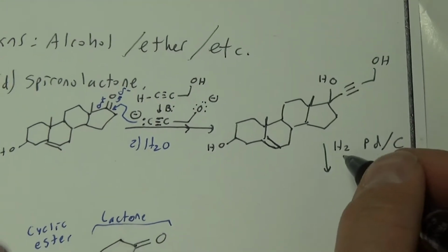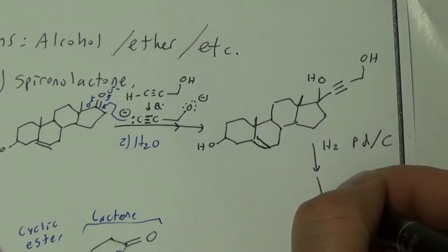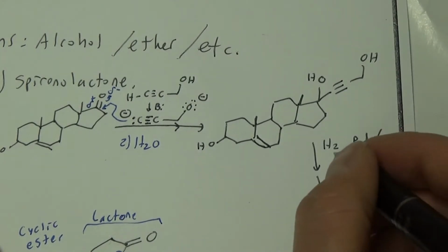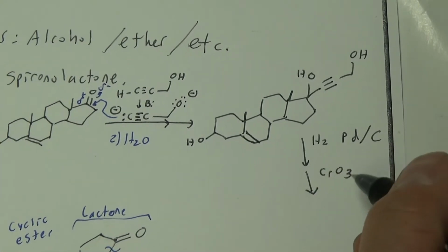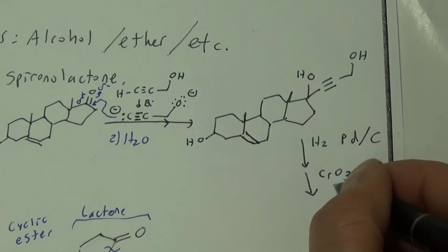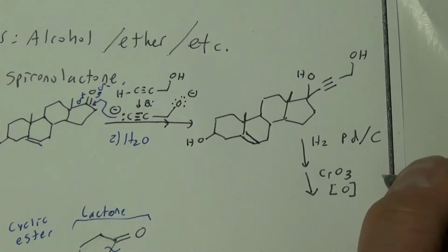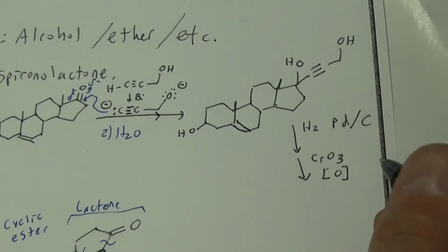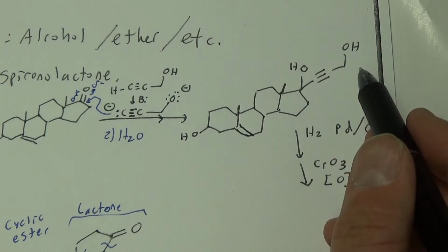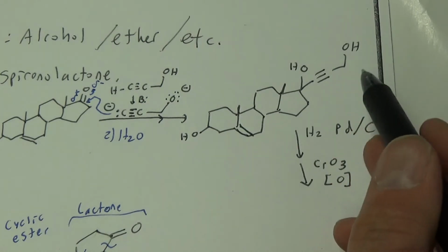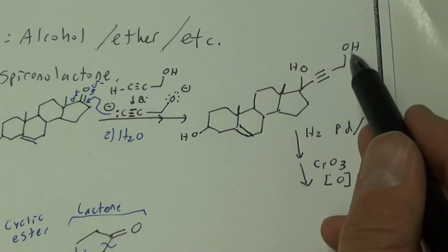And then I'm just going to sneak in an extra step here, chromium trioxide, CrO3. This is an oxidizing agent. And that's going to oxidize the alcohol to a carboxylic acid. And that's also kind of a reactive alcohol because it's kind of poking out in the open.